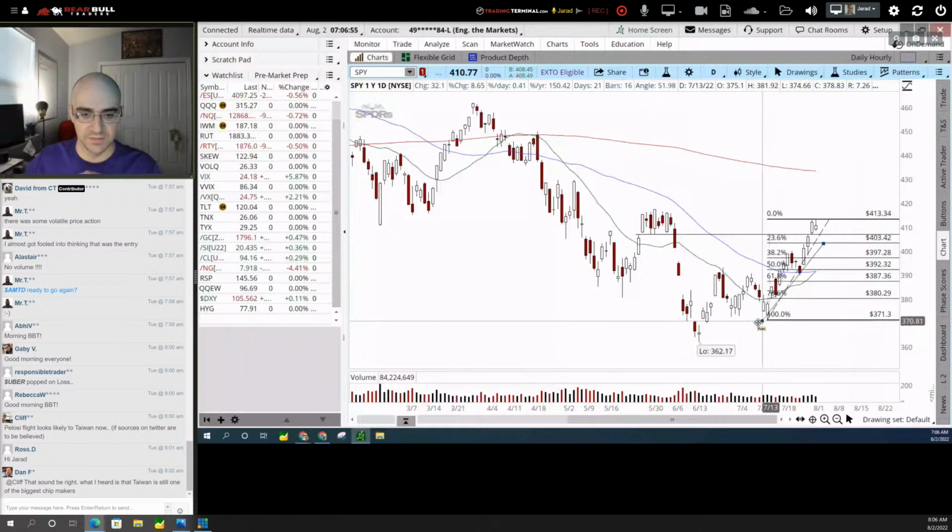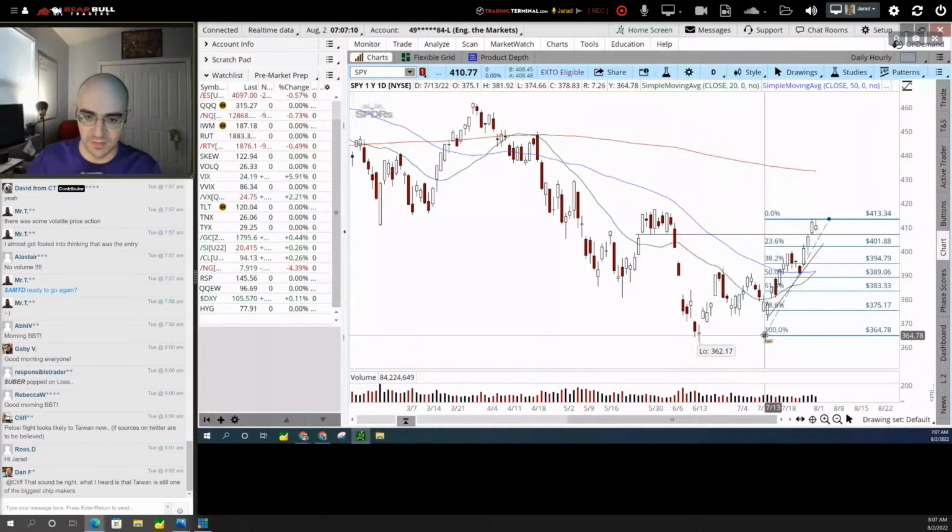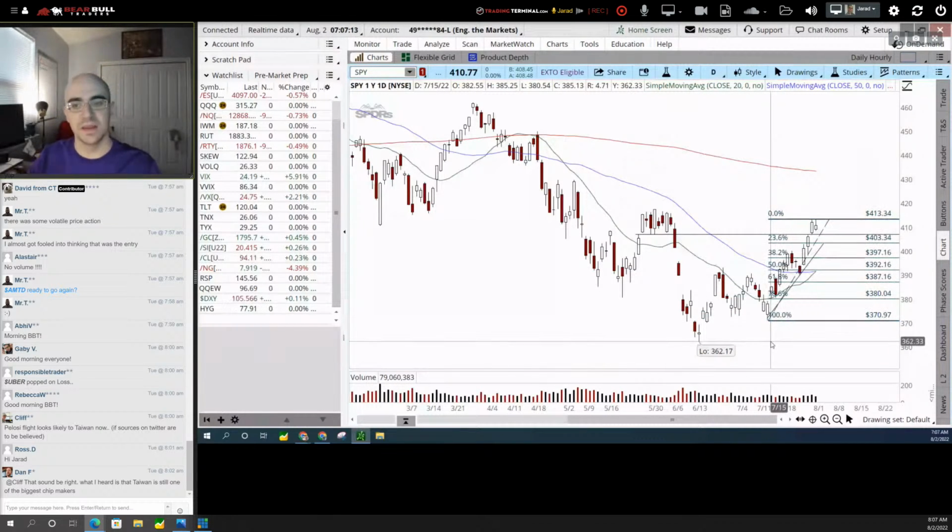So while you could be looking for something like a weekly bounce to possibly pull back into maybe sub 400 prices, that would bring you to the 38.2 extension. That is not really what you should be looking for in regards to the trend pullback.